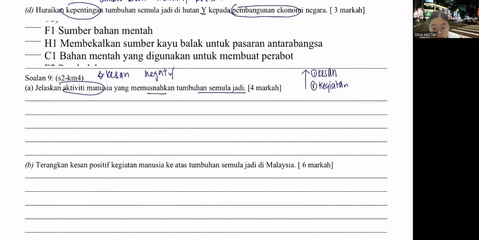Because penerokaan hutan secara besar-besaran causes them to lose their shelter, they lose the food, and then leads to kepupusan flora dan fauna. All right. And this is 4 marks, right? 4 marks means you write 2 points, 2 huraian.